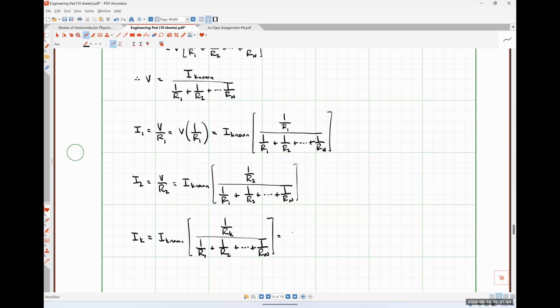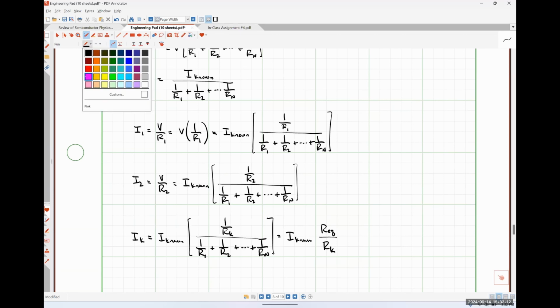Or our known current times the equivalent resistance of everything in parallel divided by the resistance we're interested in.